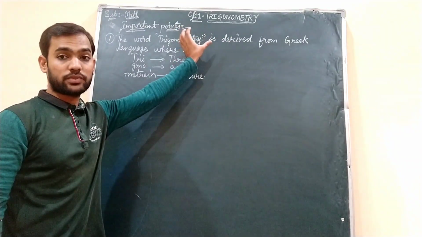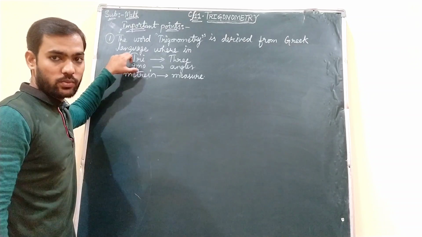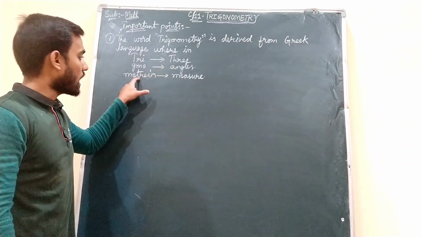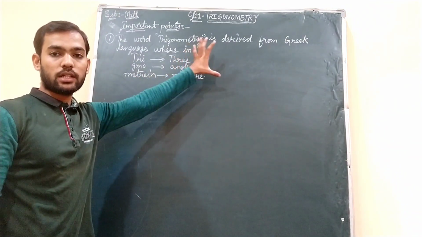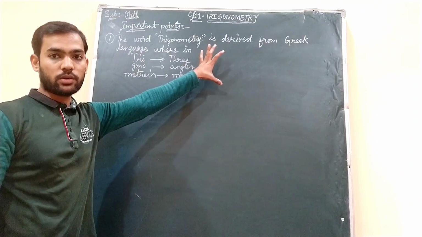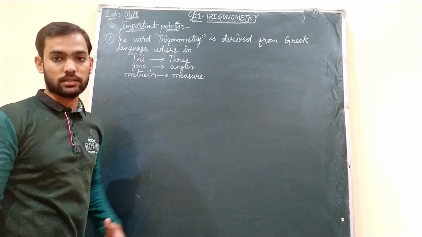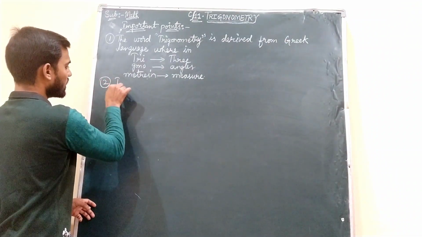It is a combination of 3 Greek words: tri, gono and metrin. Tri is very easy, 3. Gono is nothing but angle in our English language, and metrin is the third word, which means measure. So in the topic of trigonometry we are going to study 3 angles measurement figures, which are nothing but triangles.